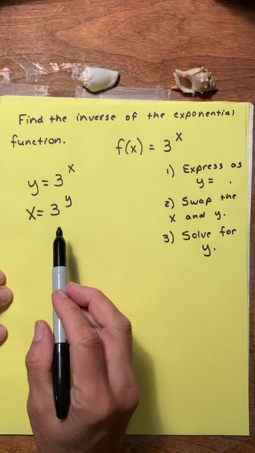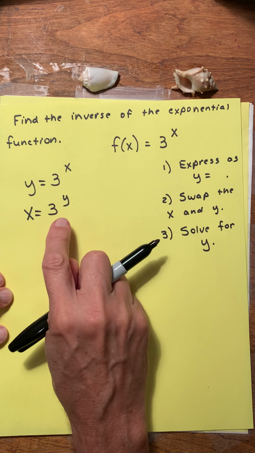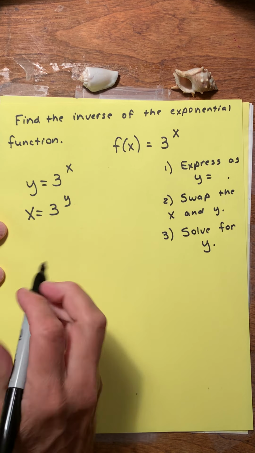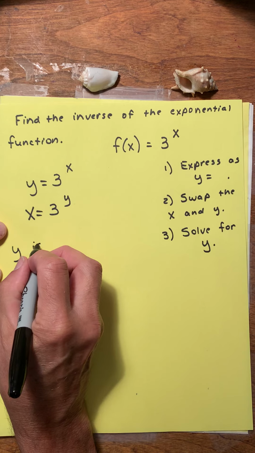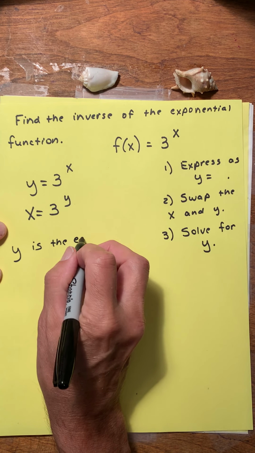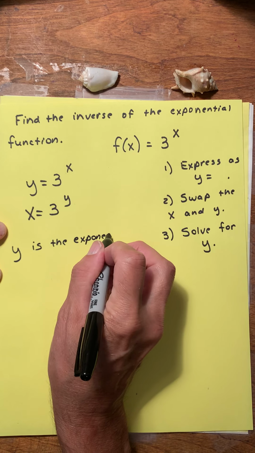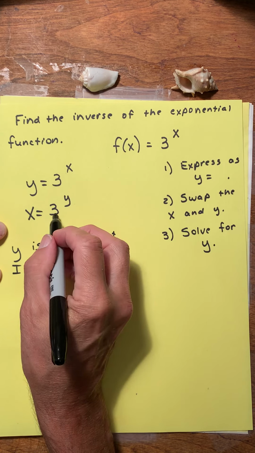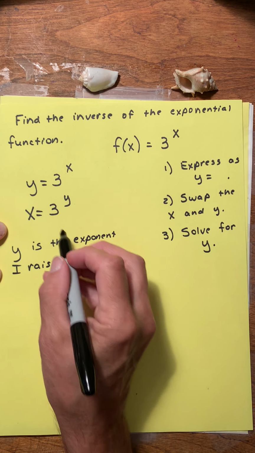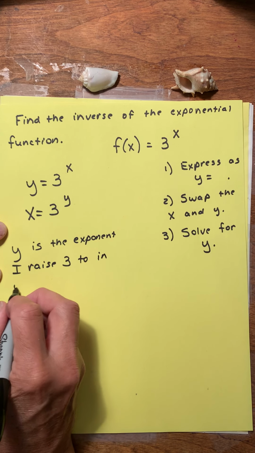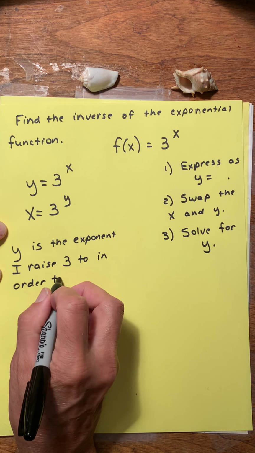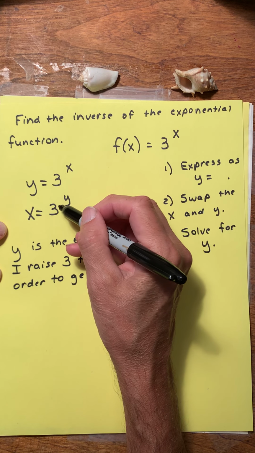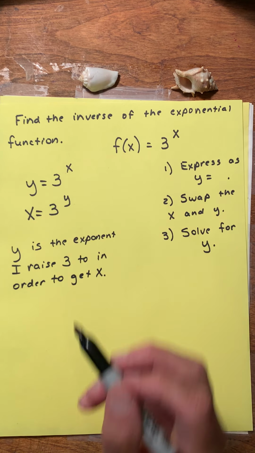All I can basically say is, in solving this for y, I can make a statement about y. I can say this: y is the exponent I raise 3 to in order to get x.